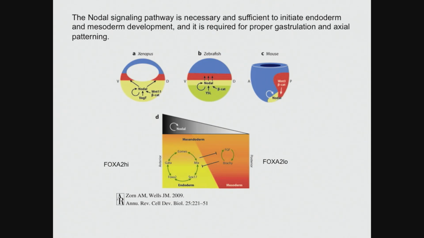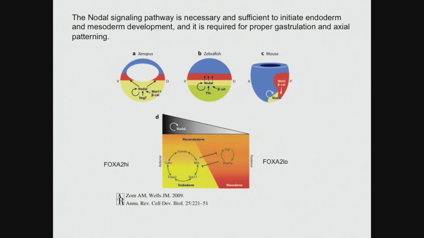cells that also have key gene regulatory networks, where the most important players are FGF and brachyury. And so these mesodermal genes are FOXA2 low and require low levels of nodal signaling. And these endodermal cells require high levels of nodal signaling and are FOXA2 high.